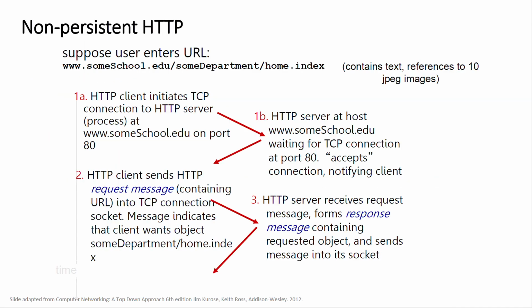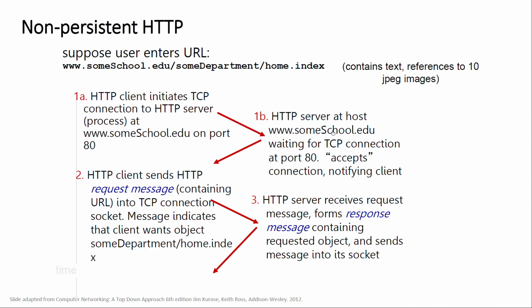So let's look at non-persistent HTTP first, and then we will look at persistent HTTP. Suppose that the user enters this URL and wants to visit this page, and assume that this web page contains some text in an HTML file, and it has references to 10 JPEG images. So the page contains 10 images and some text. The HTTP client initiates a TCP connection to the HTTP server on port 80.